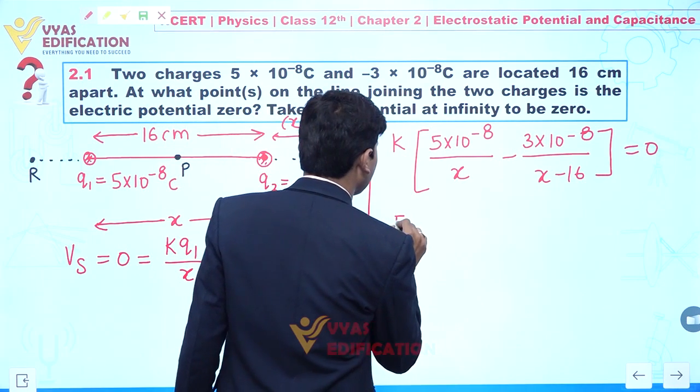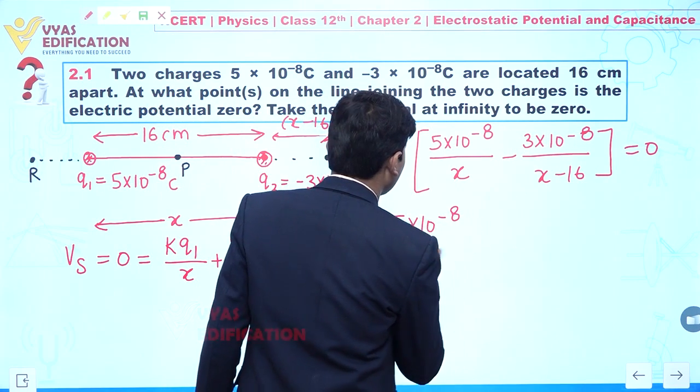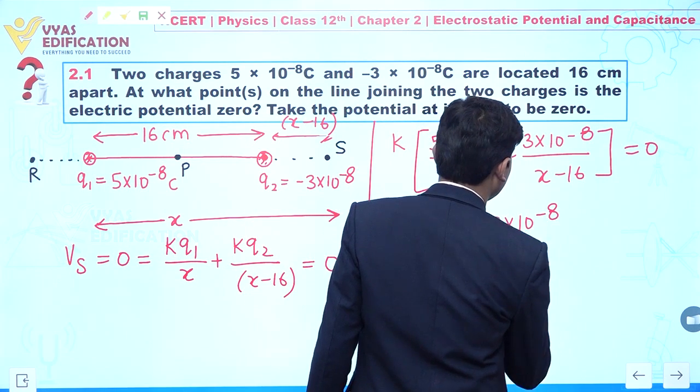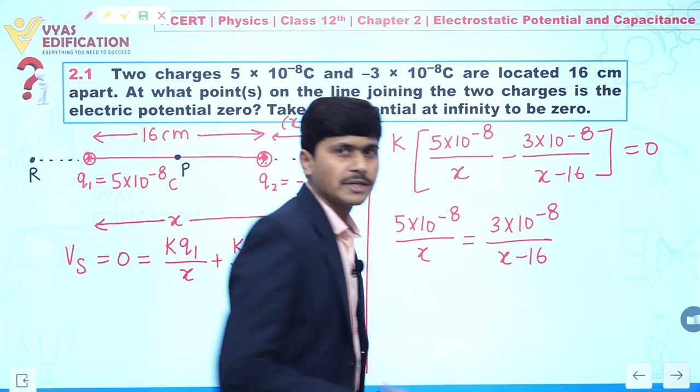So from here 5 into 10 to the power minus 8 divided by x should be equal to 3 into 10 to the power minus 8 upon x minus 16, clear.